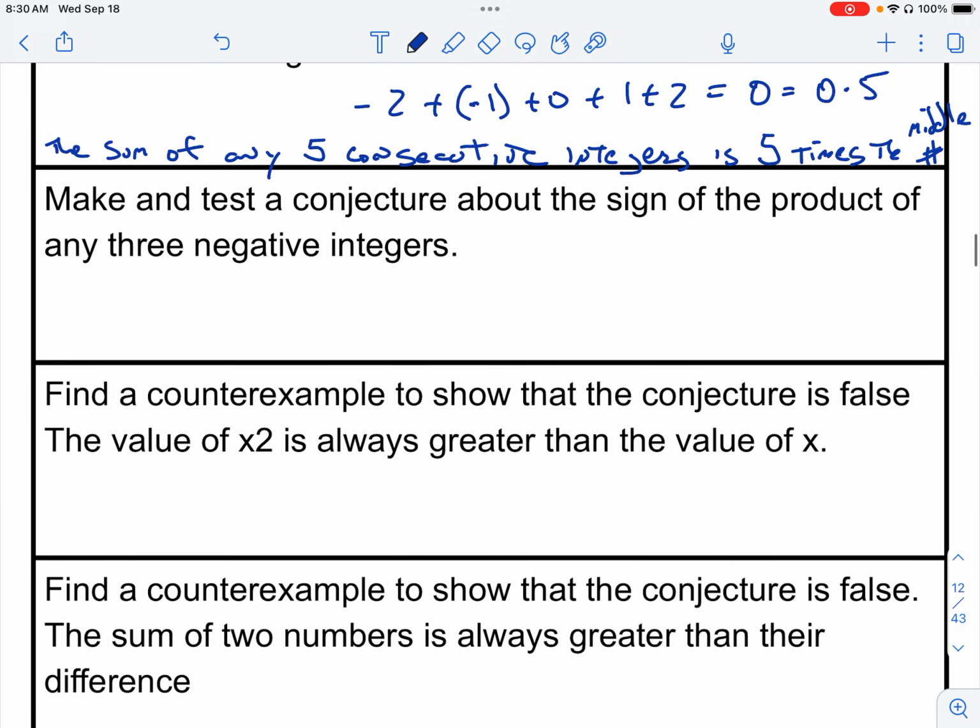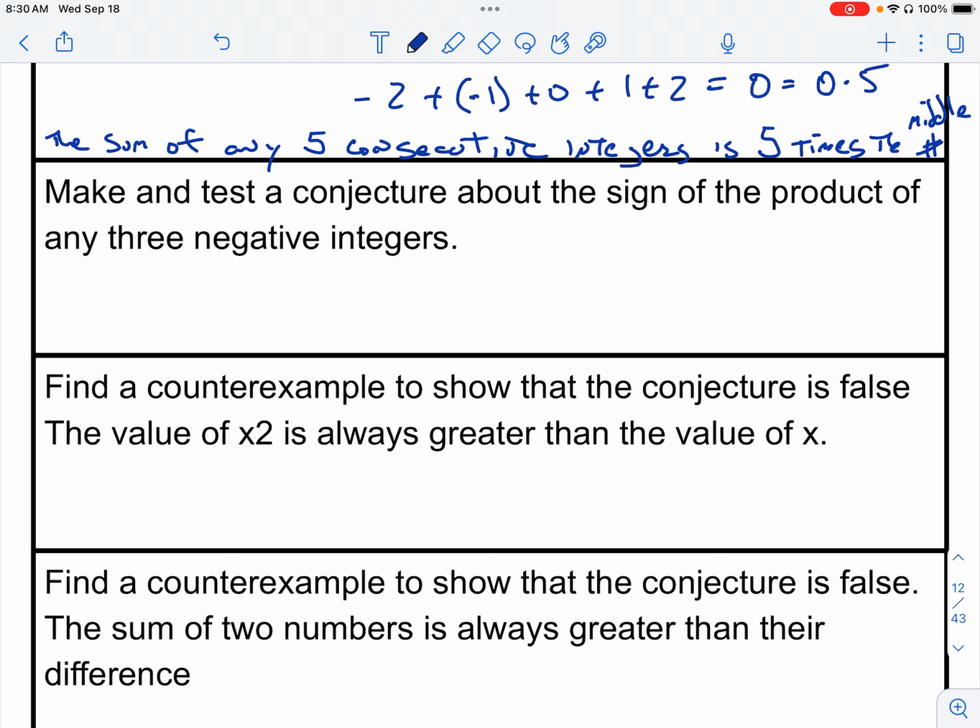All right, let's get another example. We're cruising. Make and test a conjecture about the sign of the product of any 3 negative integers. So let's just pick -5 times -2 times -1. That's going to equal -10. So I got three minuses I'm multiplying together.